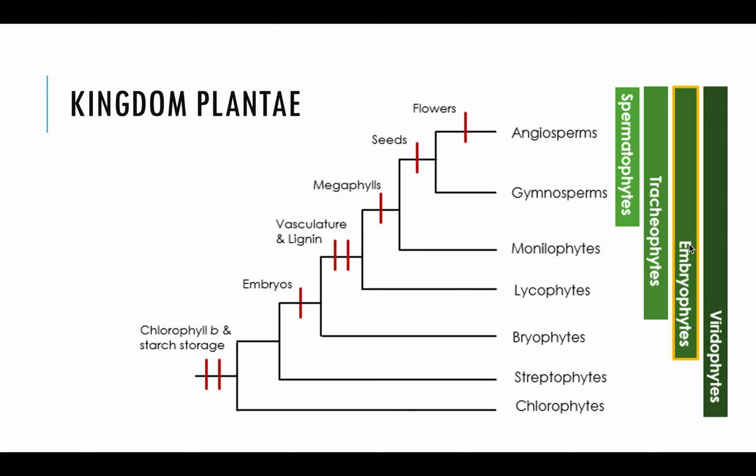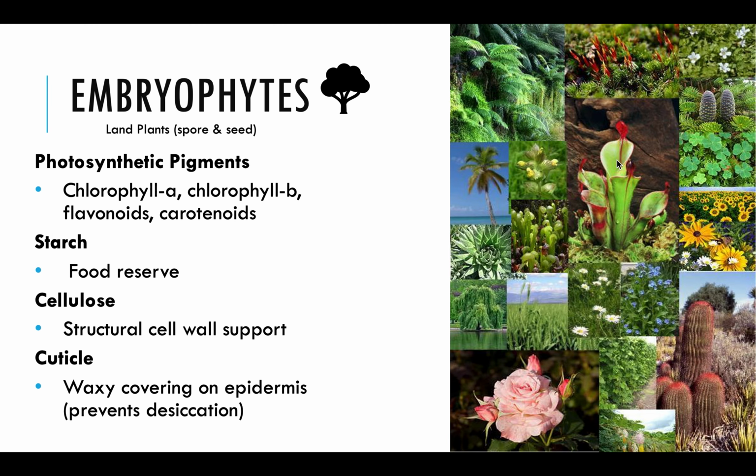But we're going to get into what are called embryophytes, which are land plants. These embryophytes include things like bryophytes, lycophytes, and ferns, our monilophytes. And then our seed-bearing plants, which we'll talk about next week, are our spermatophytes. So embryophytes in general are our land plants. This includes spore-bearing plants and seed plants.